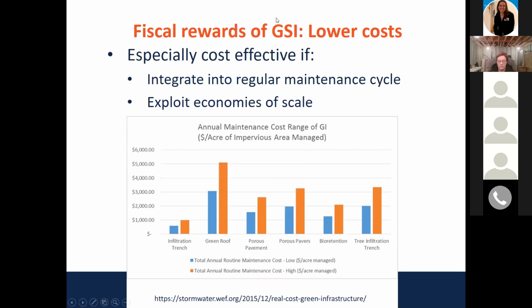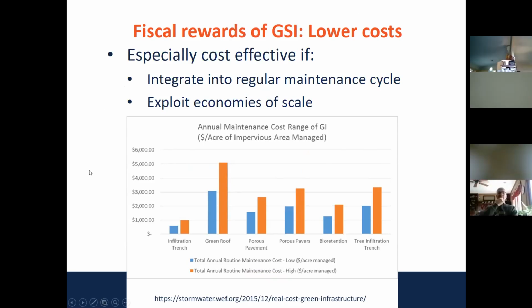Of course, some things have more maintenance costs than others, but this wouldn't be the only thing that you look at when you're thinking about which tools you want to use. You would want to look at installation costs, maintenance costs, but also the benefits.